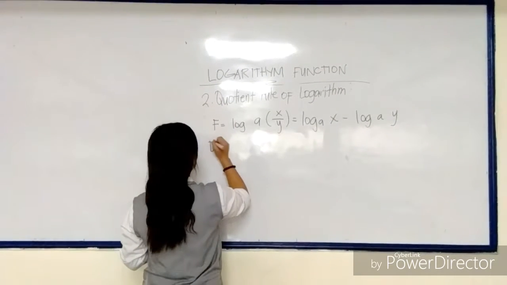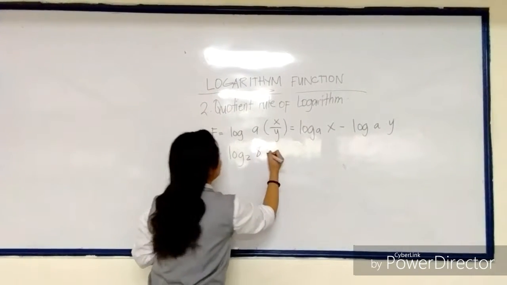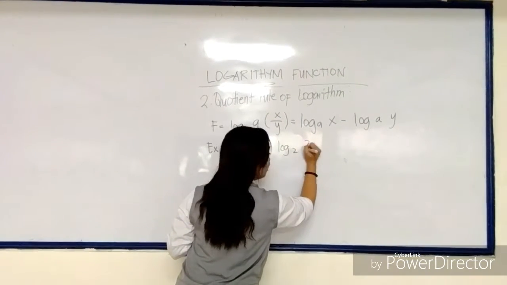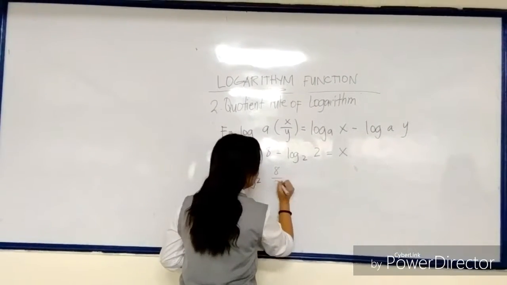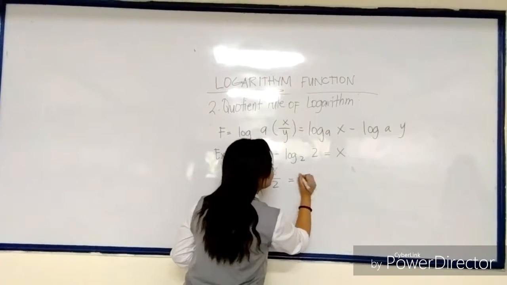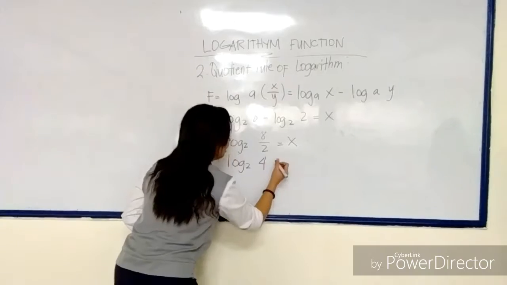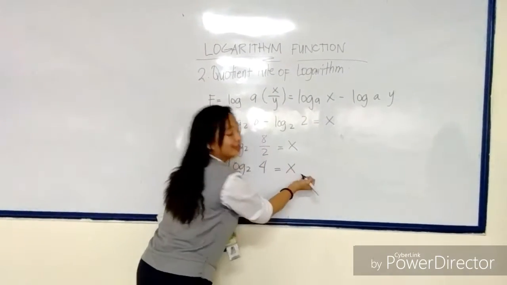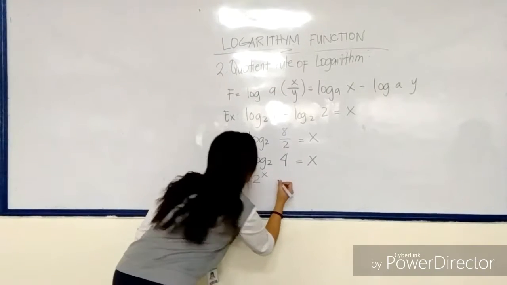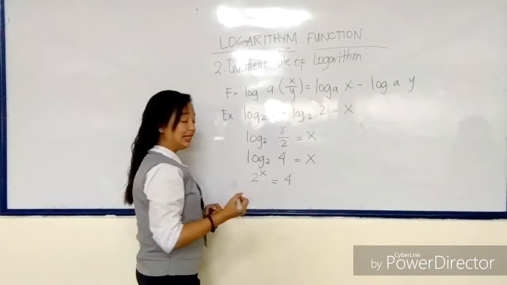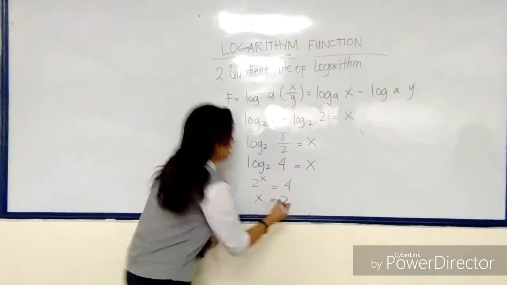For example, log base 2 of 8 minus log base 2 of 2 is equal to x, so log base 2 of 8 over 2 is equal to x, and log base 2 of 4 is equal to x again. The next step is 2 raised to the power of x is equal to 4, and then x is equal to 2. Our final answer is 2.